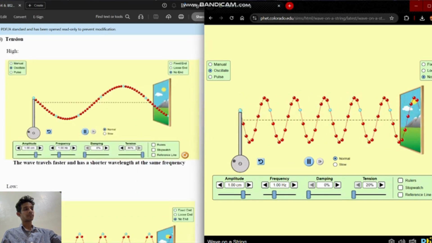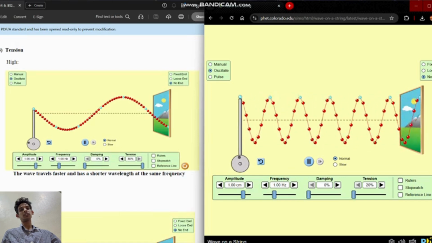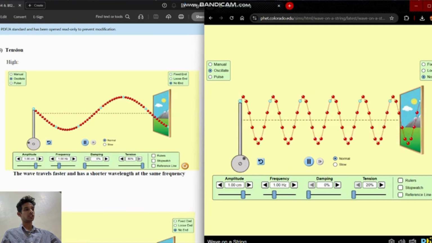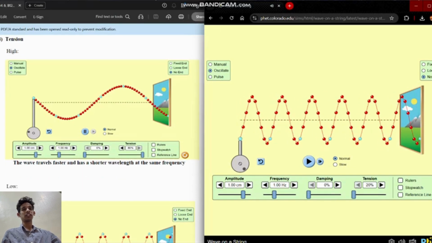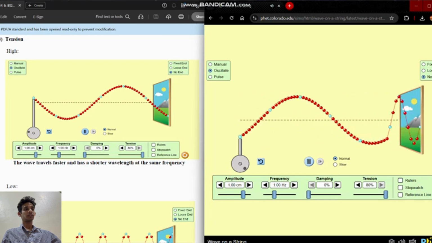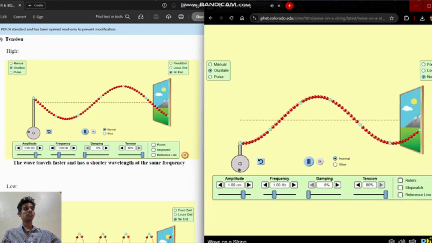Okay, we get into the next part, which is tension. The first one is the high tension. The damping is the same, 0%, and we increase the tension to 80%.